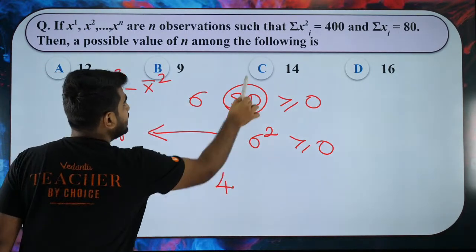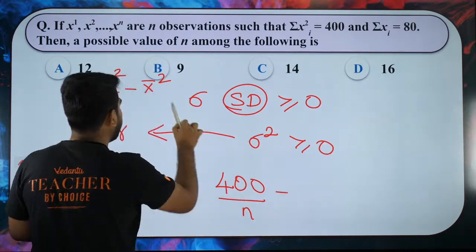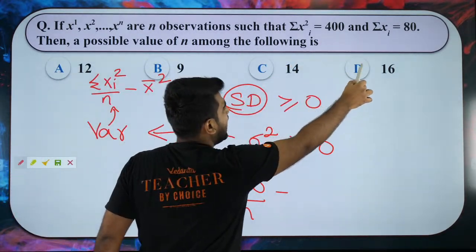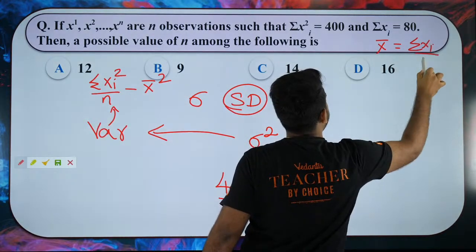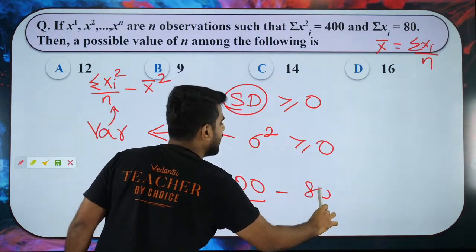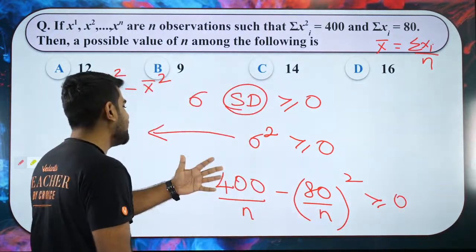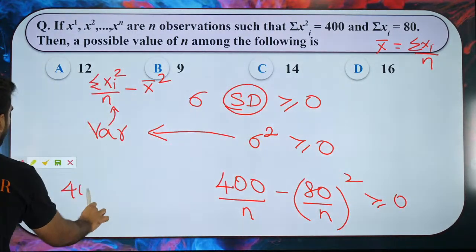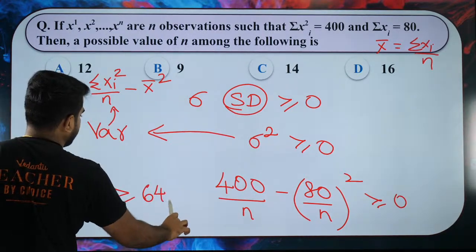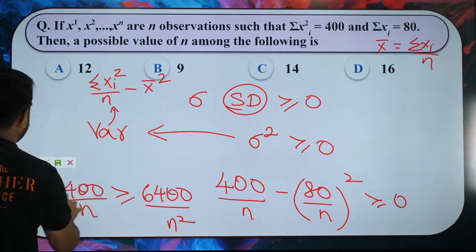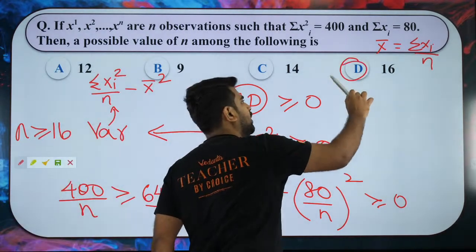Sigma xi square is 400, so 400 by n minus x bar square. X bar is equal to sigma xi by n, so that is 80 by n whole square. Now that should be greater than or equal to 0. Now find the interval. You will get 400 by n is greater than or equal to 6400 by n square. So you will get n greater than or equal to 16. So the only value is option D.